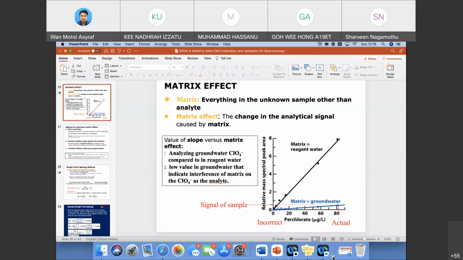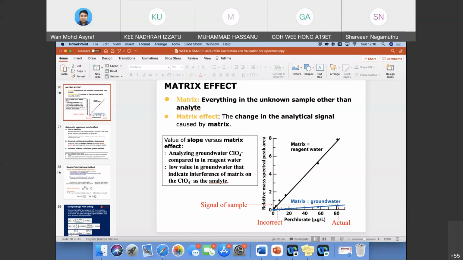If you assume there is no matrix effect and use only reagent water, then this is the calibration curve. So it shows there is a difference in magnitude, where the matrix has an effect on the signal produced by your analyte.